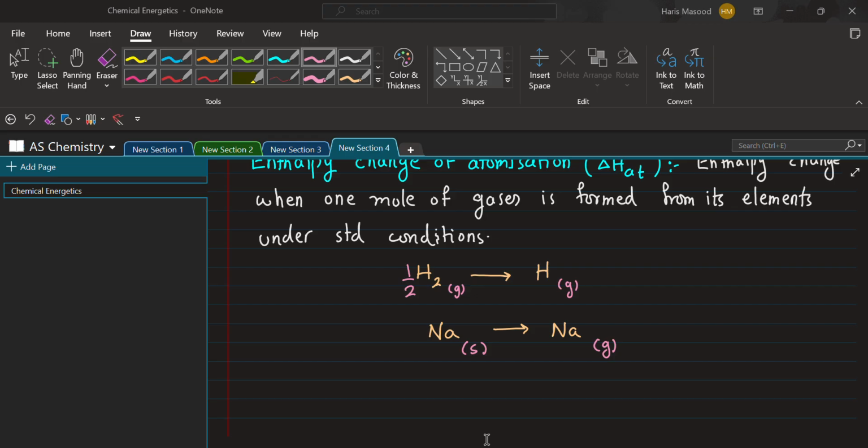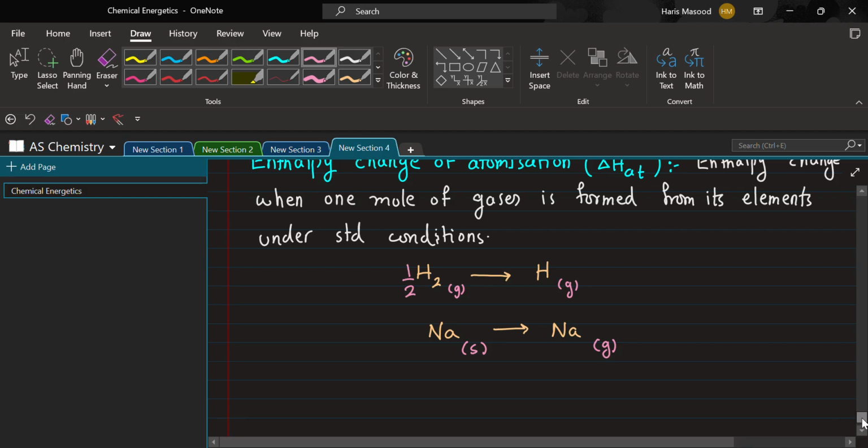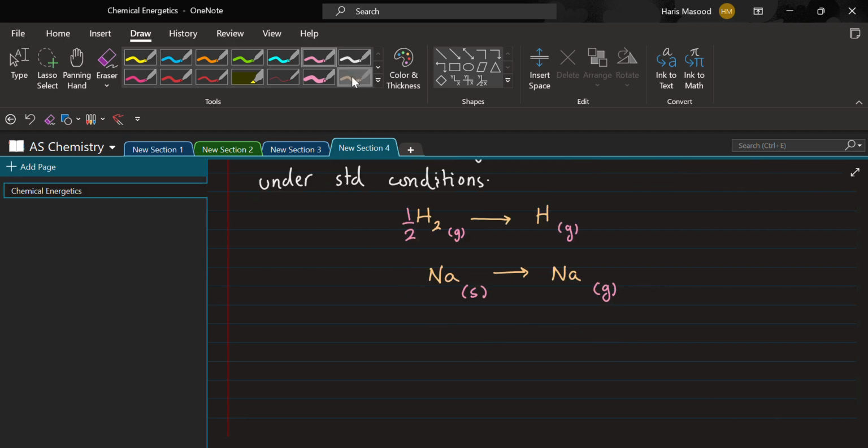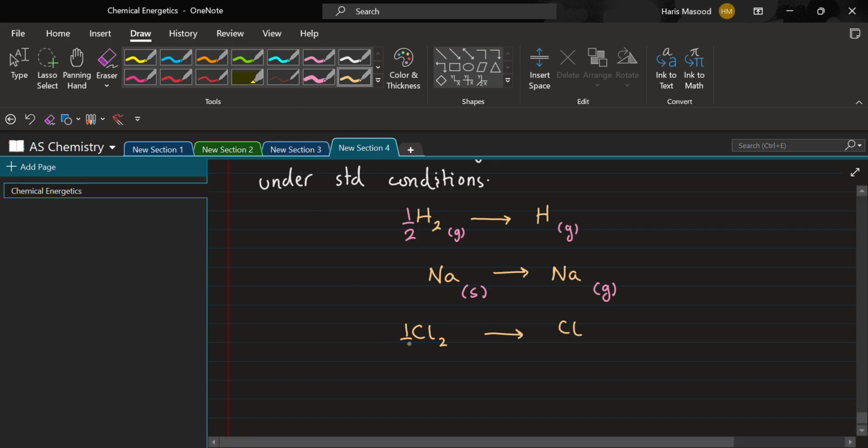The enthalpy changes. For example, if I take chlorine, chlorine will have the same equation as we can see in hydrogen. Half of chlorine gaseous, and here we have gaseous.